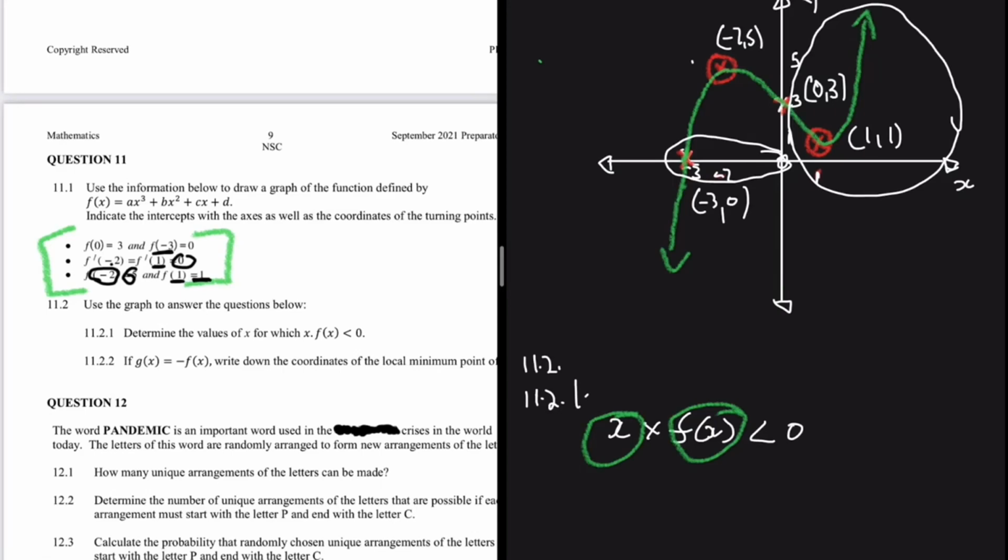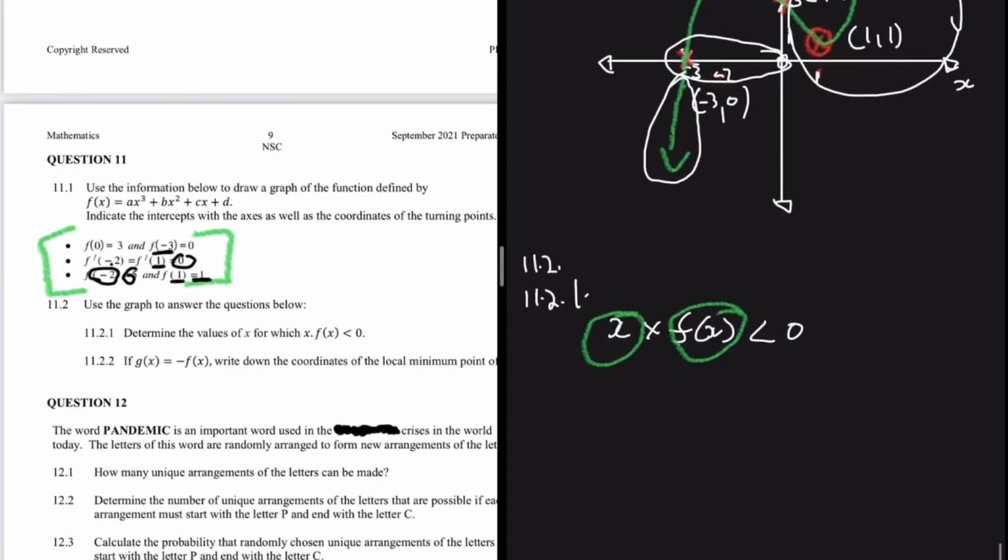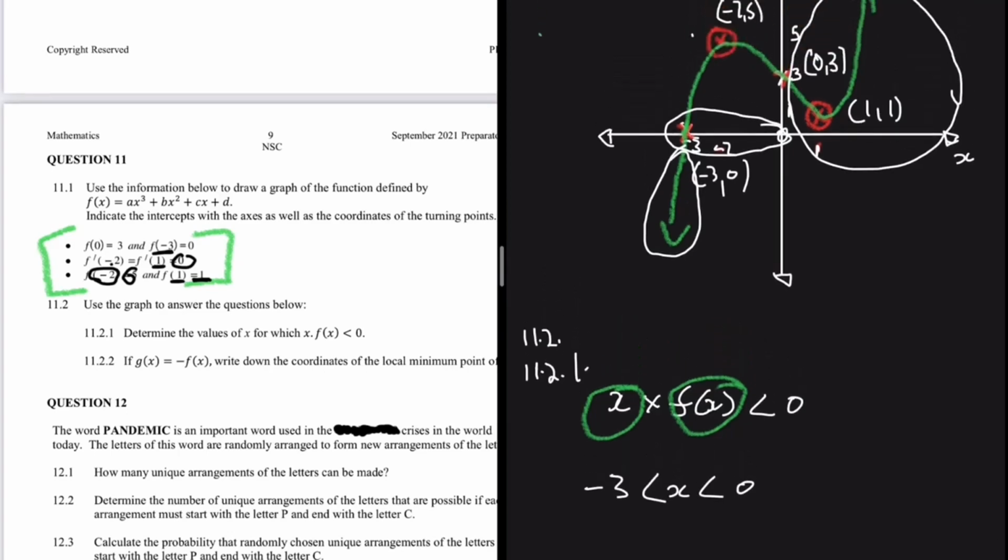But if you go below -3, then both y and x are negative, so the product will be greater than 0. So we only need x to be between -3 and 0. If x is between -3 and 0, then x multiplied by f(x) will be less than 0.